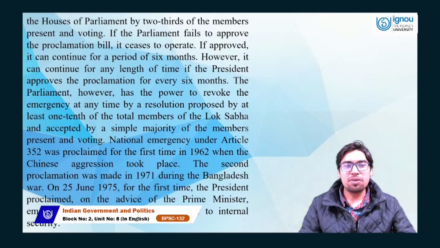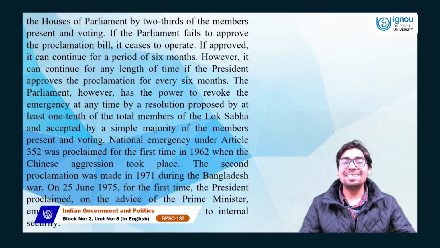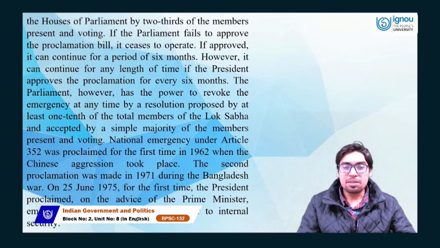The Parliament, however, has the power to revoke the emergency at any time by a resolution proposed by at least one-tenth of the total members of Lok Sabha and accepted by a simple majority of the members present and voting. National emergency under Article 352 was proclaimed for the first time in 1962 when the Chinese aggression took place.